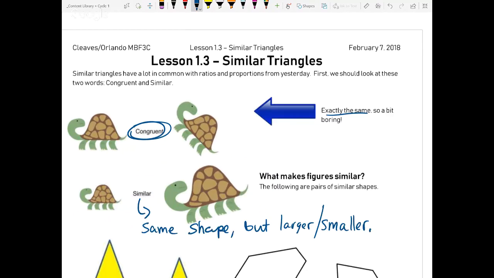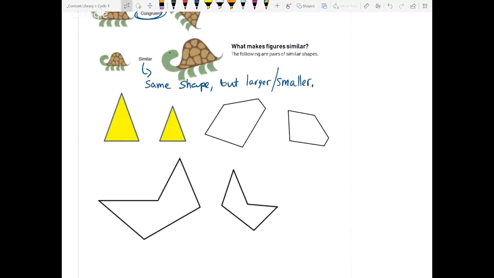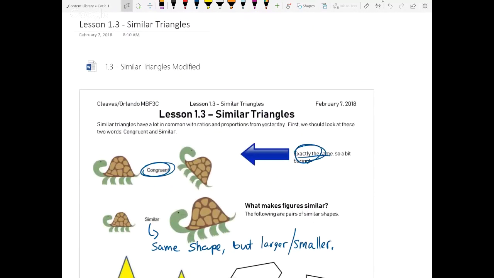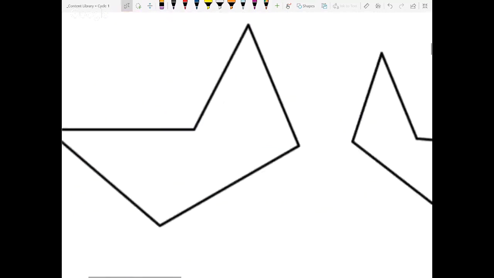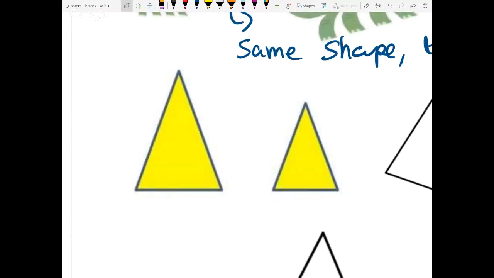So with that in mind, all of these are, if they were congruent, they would have to be the same size. Is that congruent? Similar, good. Hey, if I measured these angles, what do you think I would find?